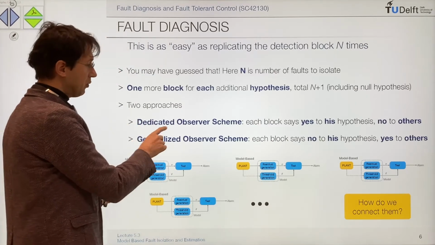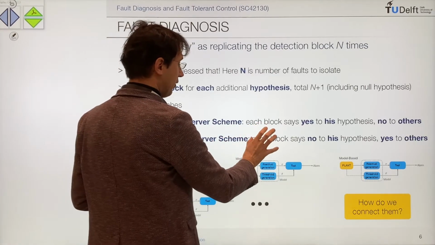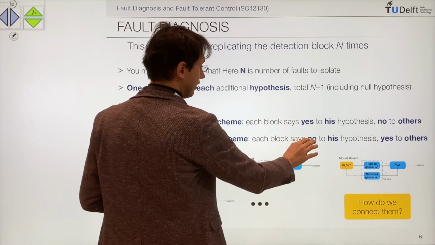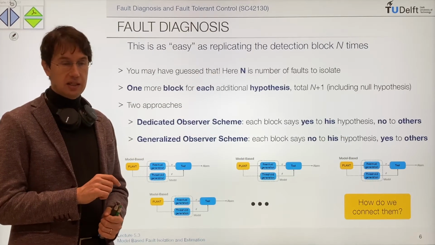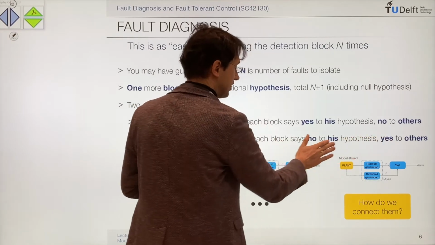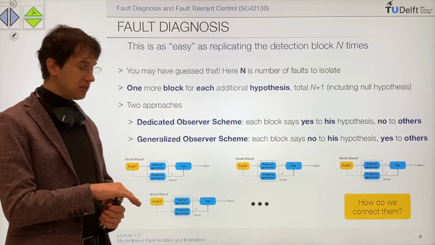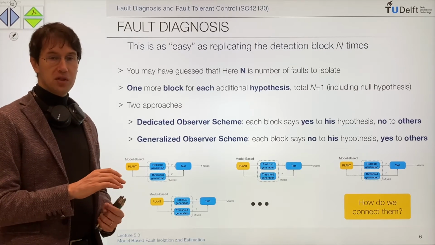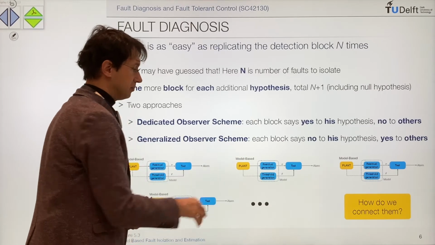The other approach, which is the other way around, is the generalized observer scheme, where each block can falsify its own hypothesis. So if you think about what we did last time, we did this. We had a block for falsifying the null hypothesis. And for the isolation step, we will continue this way. So we will use the generalized observer scheme.